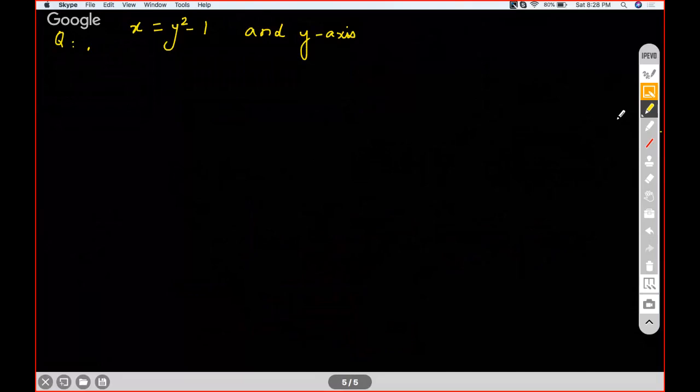So it's like a U, but it never crosses. It never becomes negative.